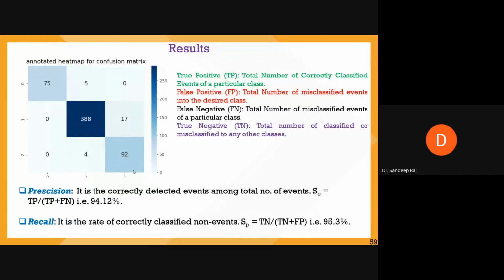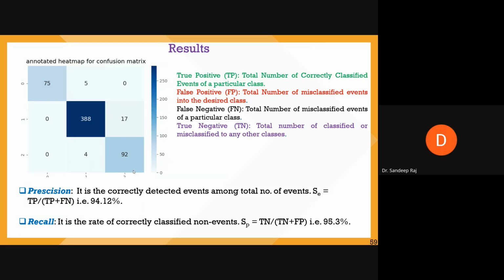And this is the confusion matrix generated on the test set, and it is interpreted as follows: the row part is the ground truth and the column part stands for the AI prediction.